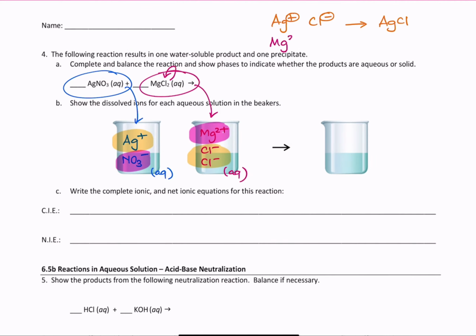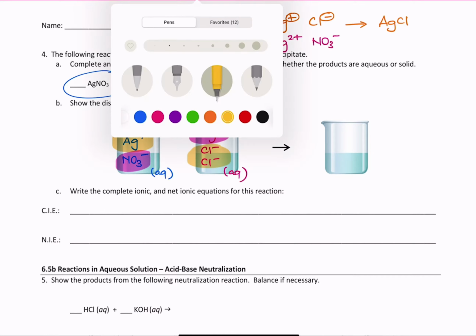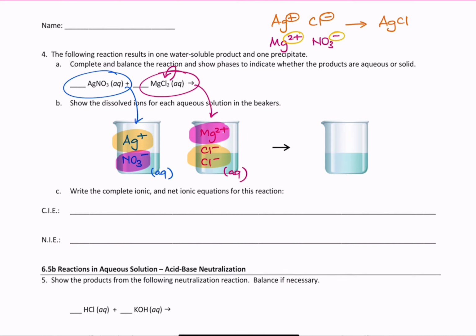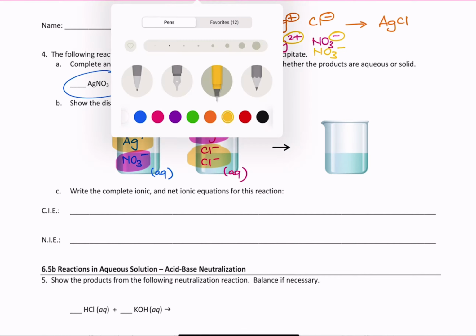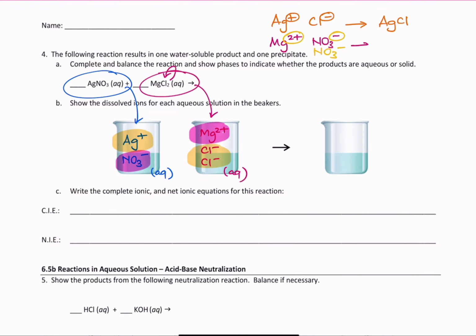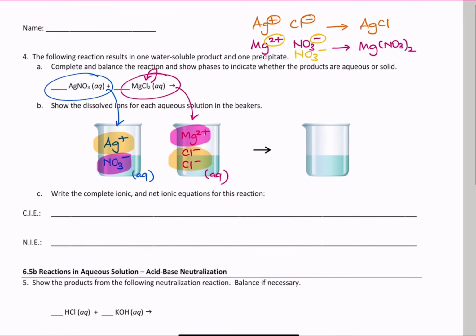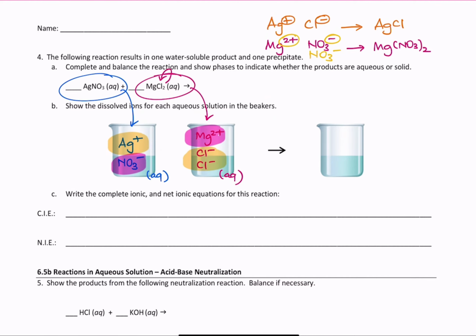Well, when the magnesium ion combine with the nitrate ion, notice that I have a 2 plus here and a 1 minus here, so I need another nitrate ion in order to form Mg(NO3)2.